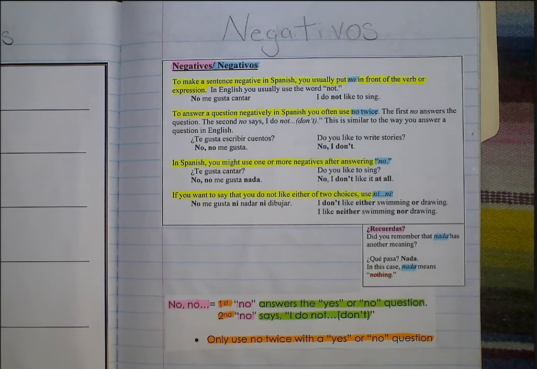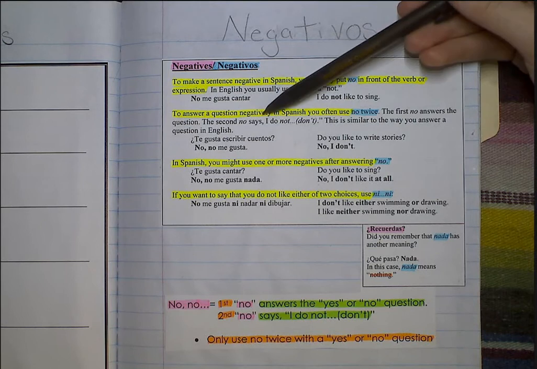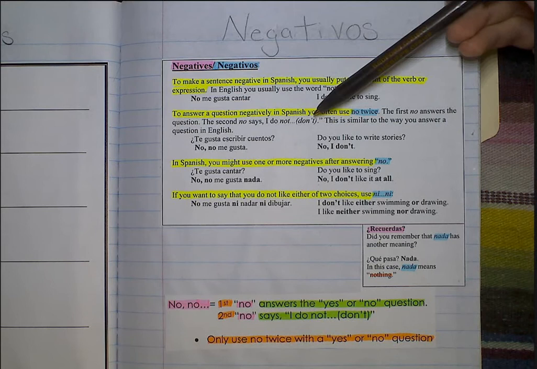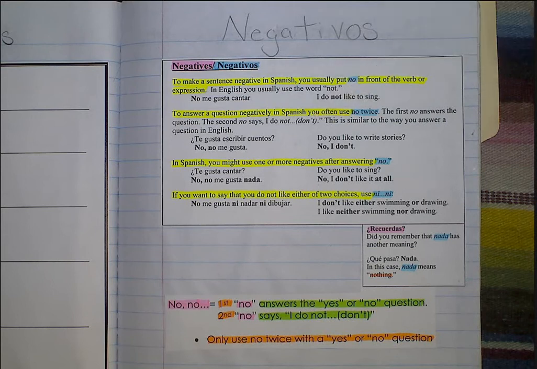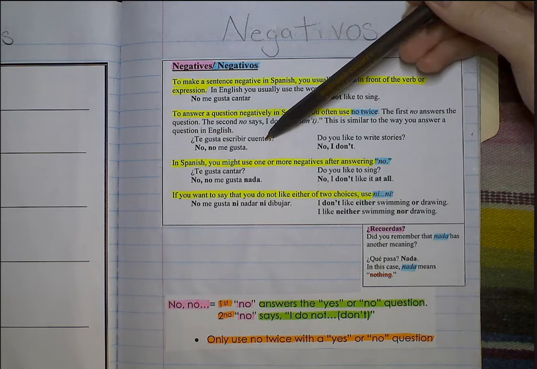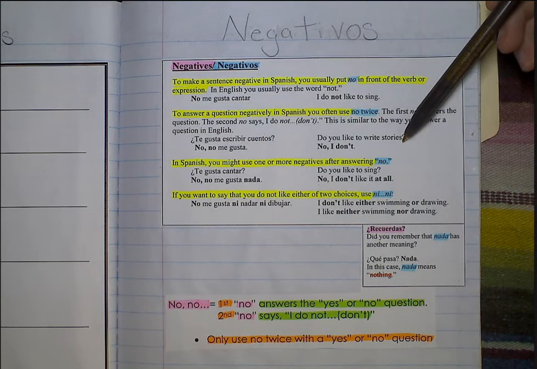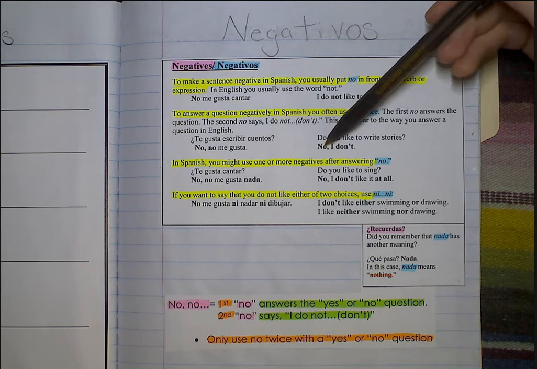That first no just answers the yes or no question. The second no is going to be for the I do not or I don't. So for example, if someone asked you in Spanish, ¿Te gusta escribir cuentos? Do you like to write stories? In English we just say, no, I don't. So one no is only needed.